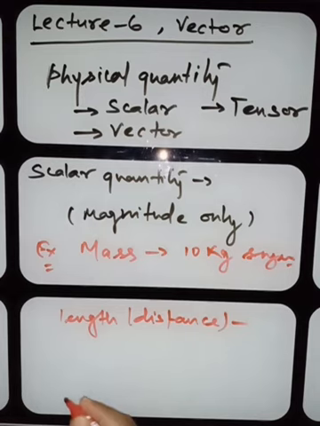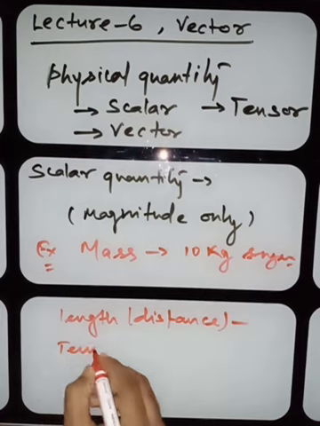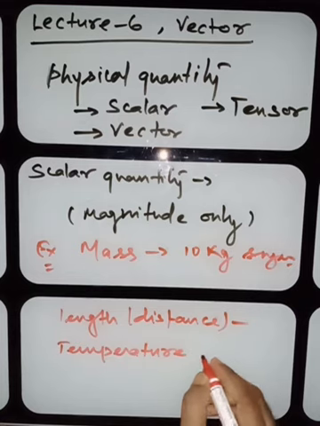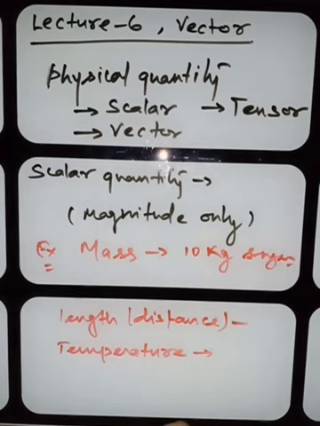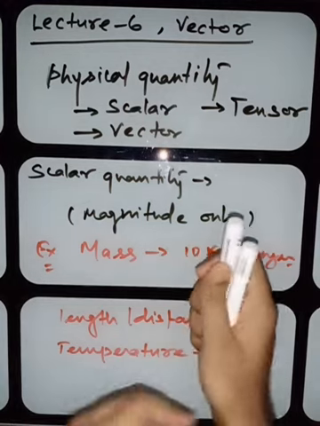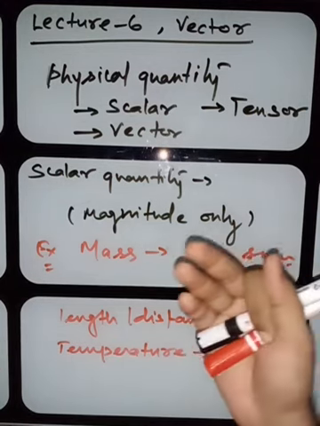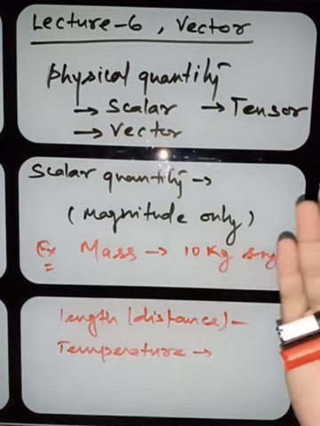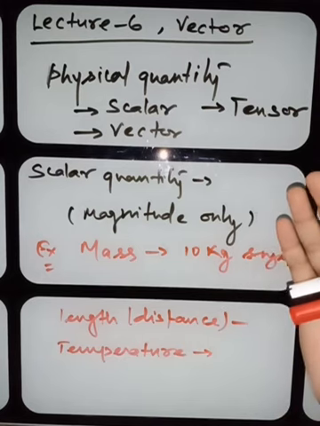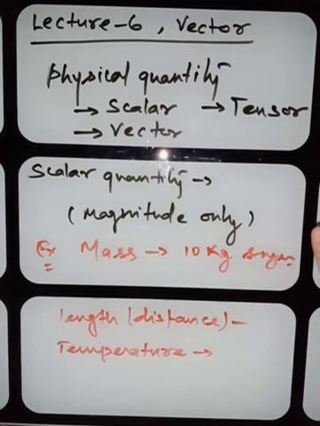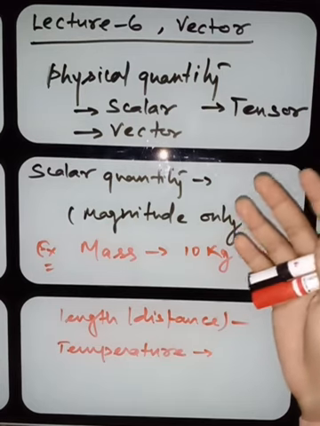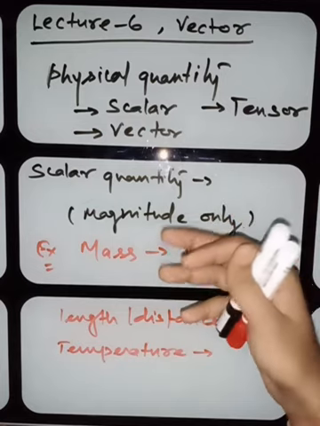Another example, you can take the temperature. We do not say that today it is 37 degrees Celsius in upward direction. We never specify any direction. In the atmosphere, if the temperature is 37 degrees Celsius, 35 degrees Celsius, 40 degrees Celsius, we only give the amount.